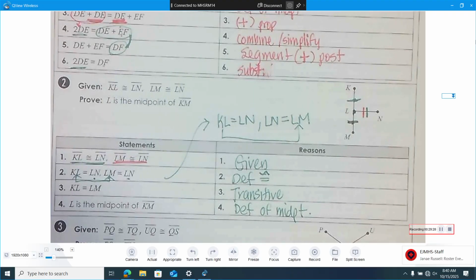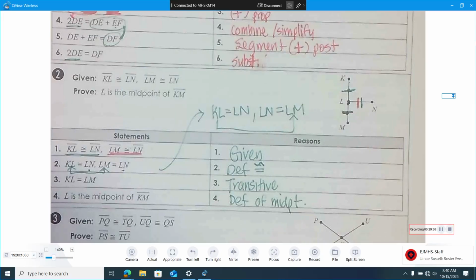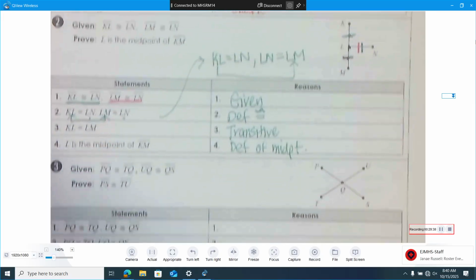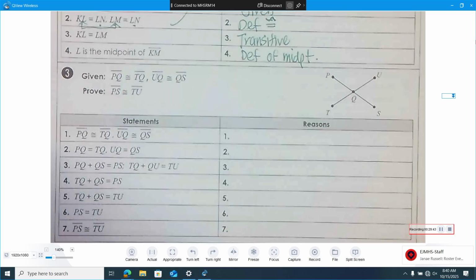The nice thing is for most of these proofs, you're just having to fill in the reasons. Again, I think these are harder than what we'll be doing later with triangles, so it's kind of a mind warp. All right, let's try another.